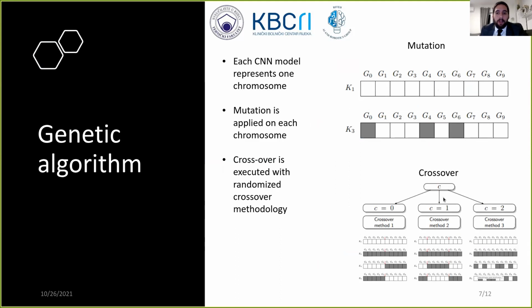One is mutation, the second is crossover procedure. Each chromosome that is used in this genetic algorithm represents one CNN model. Mutation procedure is based on the change of a randomly selected gene, and it must be noted that each gene in fact represents one hyperparameter of a CNN.